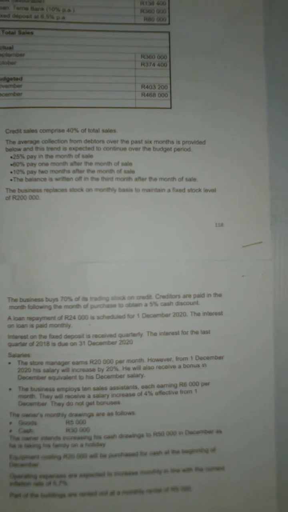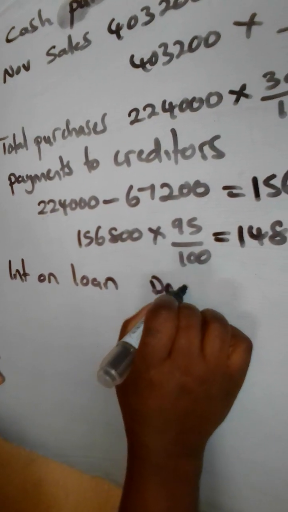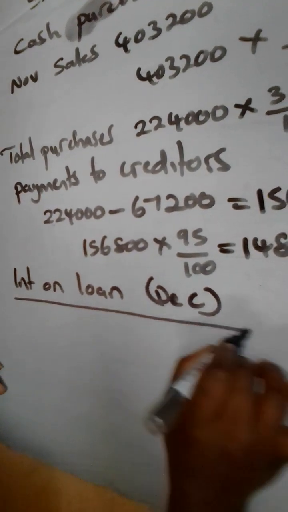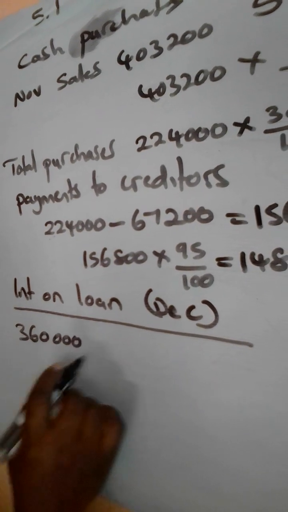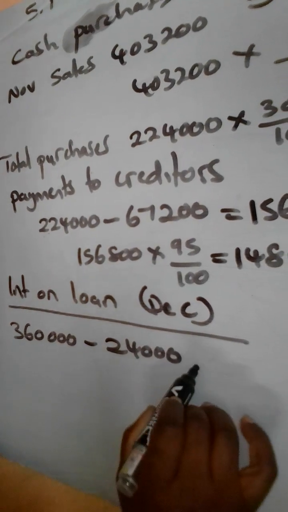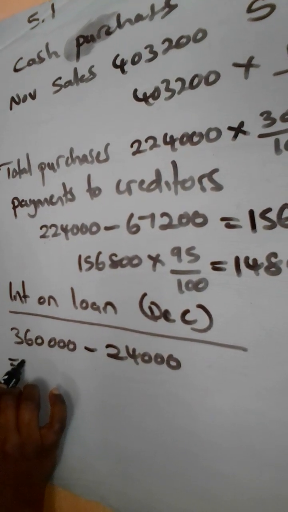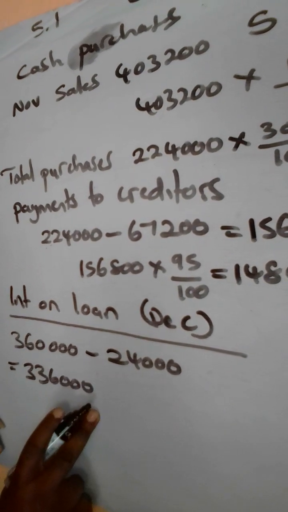So for the interest on loan for December, we take the loan 360,000 minus the repayment 24,000, which gives us 336,000.